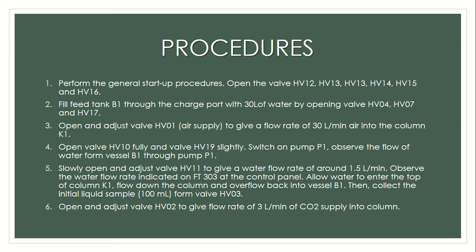Then collect the initial liquid, which is 100 milliliter, from valve HV03. Next, open and adjust valve HV02 to give flow rate of 3 liter per minute of CO2 supply into the column.